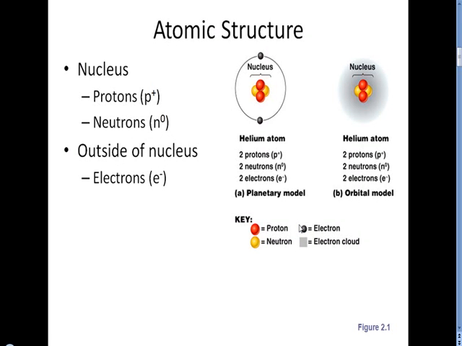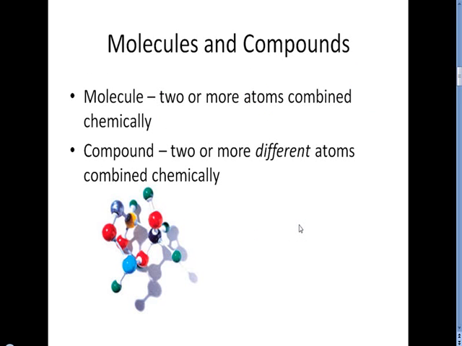Within an atom, there is a particular structure where they have a nucleus, and the nucleus is composed of particles: protons, which have a positive charge, and neutrons, which don't have a charge. And then outside the nucleus, there are electrons that have a negative charge. Any given element has a particular arrangement of protons, neutrons, and electrons.